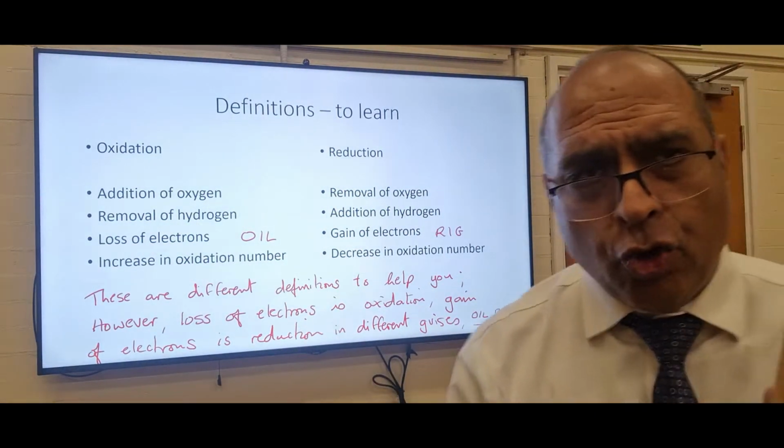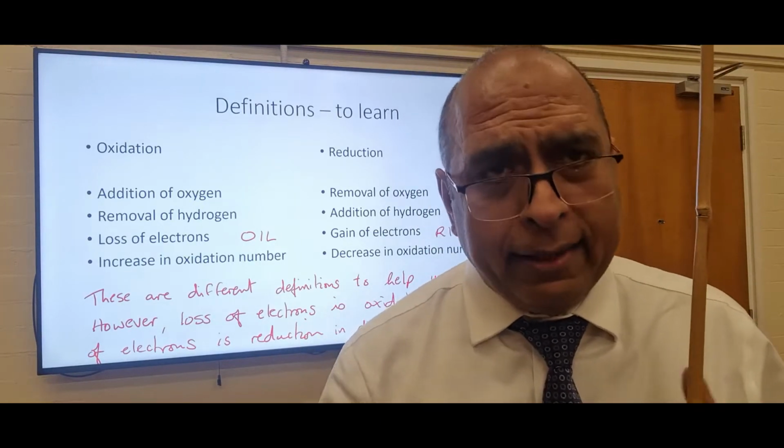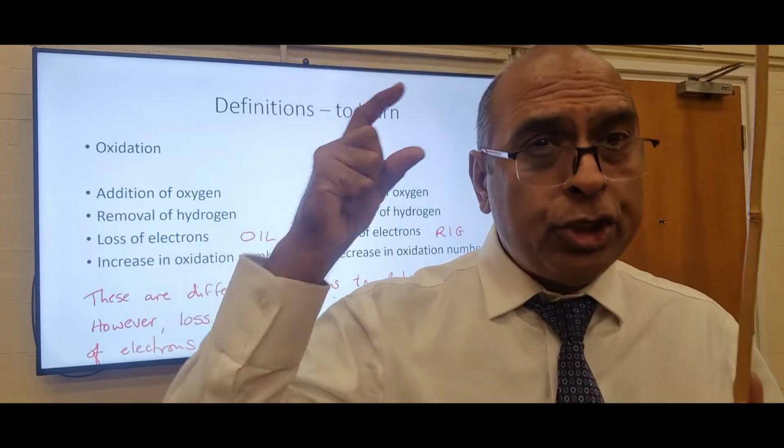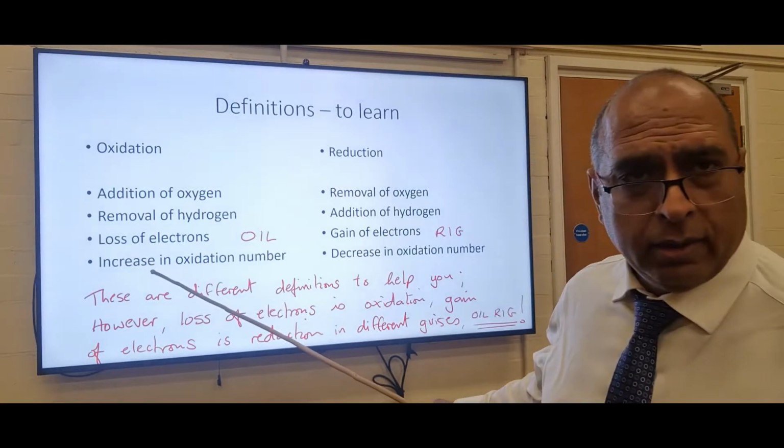Now, oxidation number is dealt with more precisely at A level. But if you know at GCSE that it's the charge on the ion, then if the charge increases, that's an oxidation.